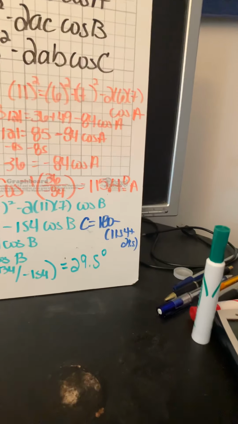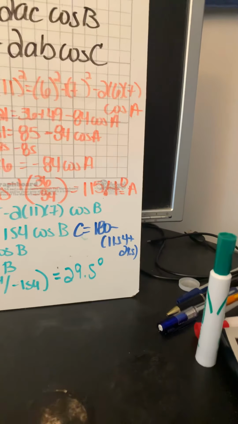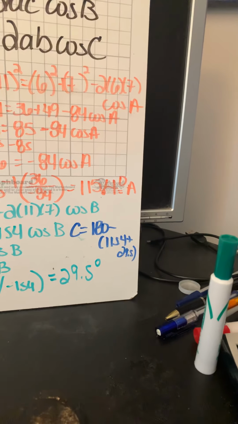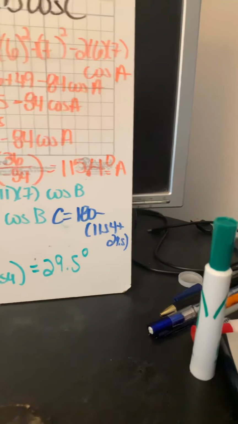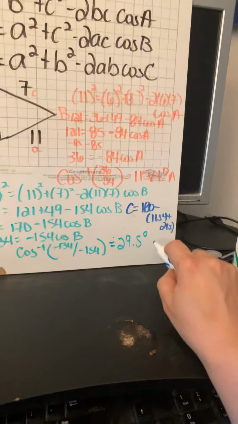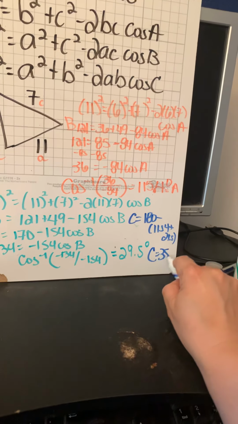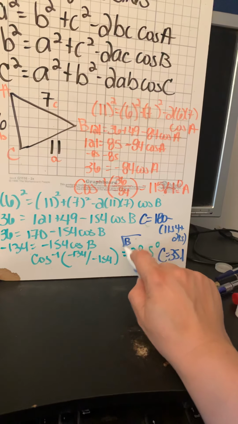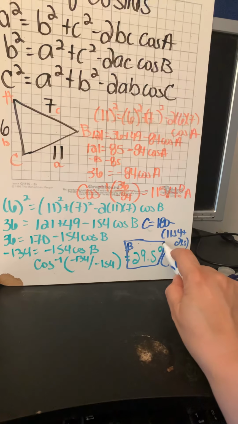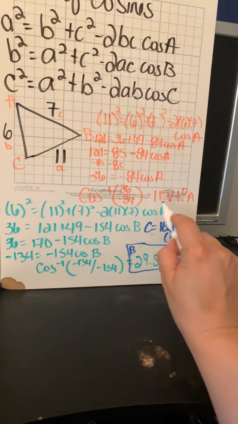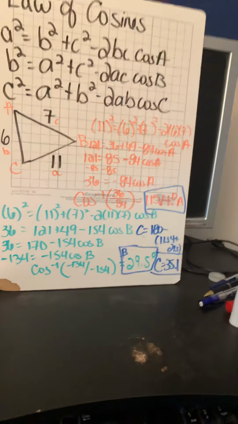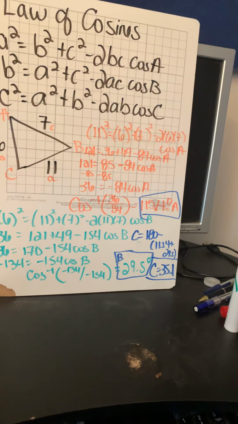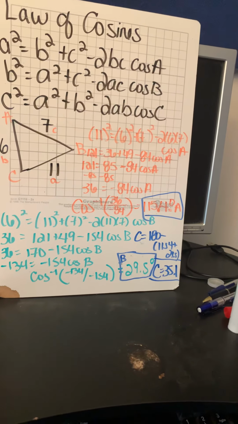So 180 minus 115.4 plus 29.5 gives me 35.1. Big C equals 35.1. So now I've got my big B, my big C, and my big A. And that's how you do law of cosines to find those angles.